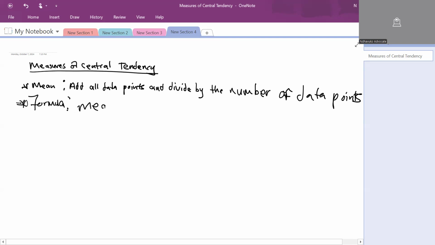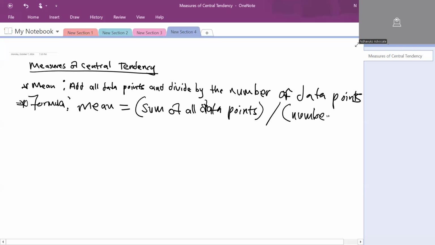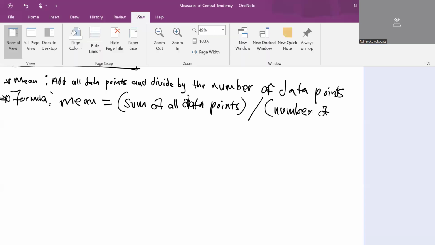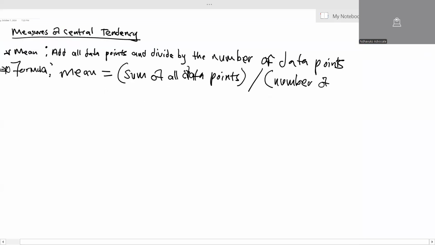Mean is equal to the sum of all data points divided by the number of data points.